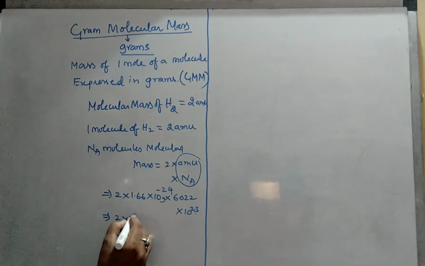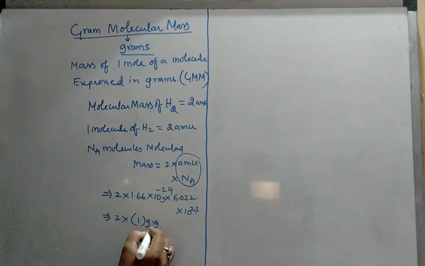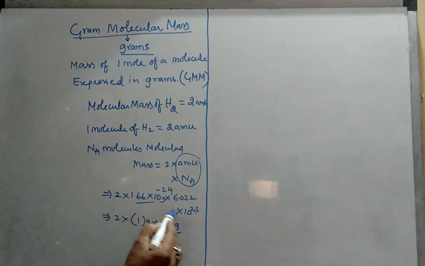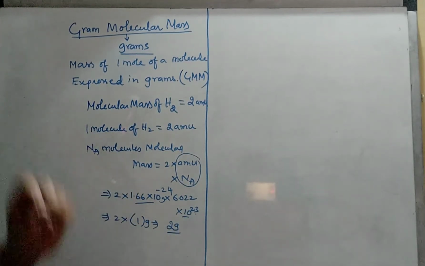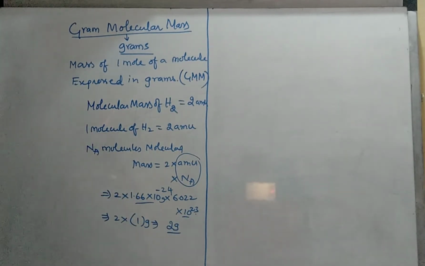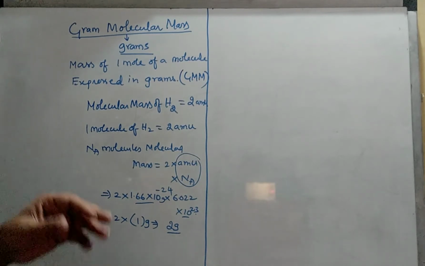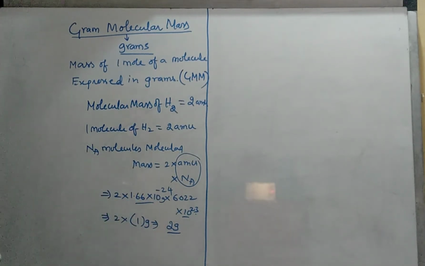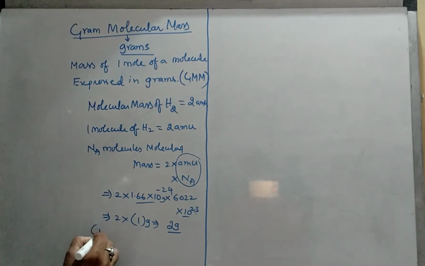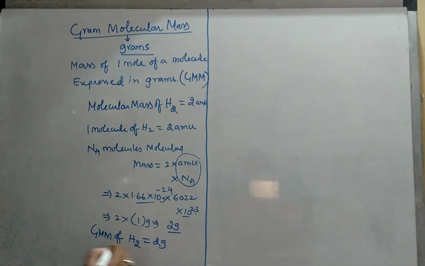So 2 into 1 gram indicates 2 grams. So the gram molecular mass of hydrogen is nothing but 2 grams.